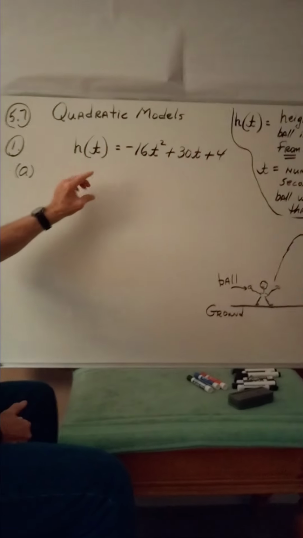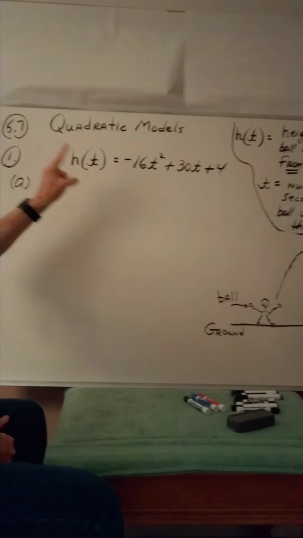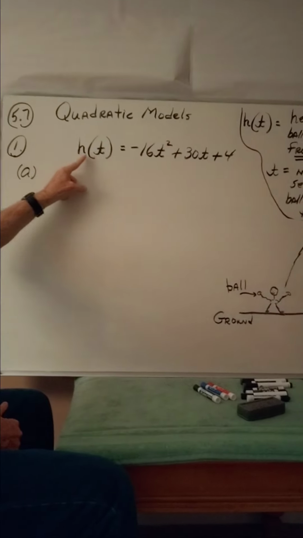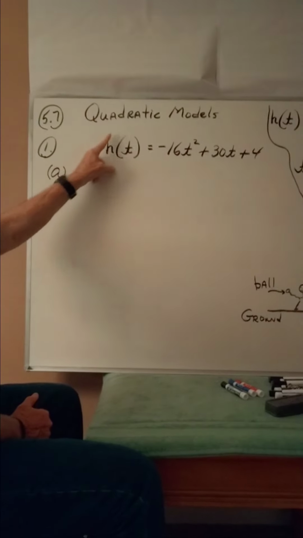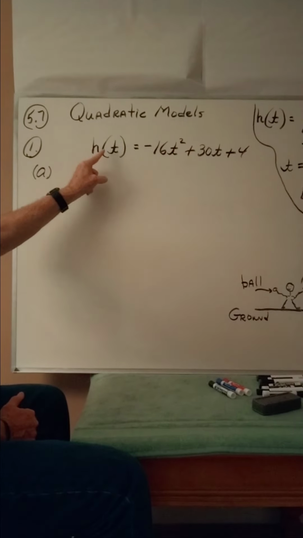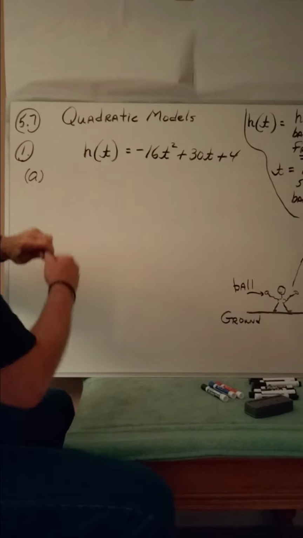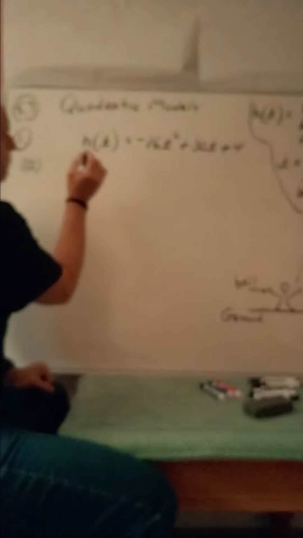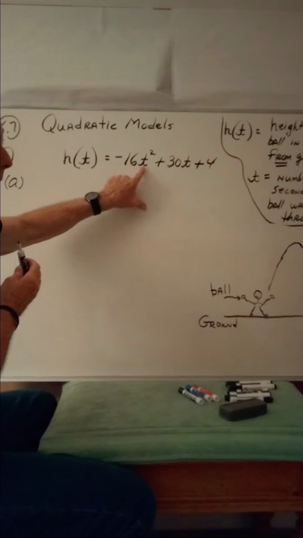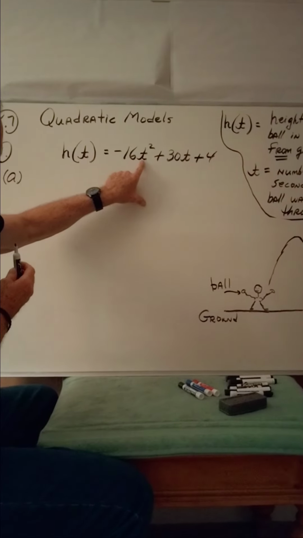Letter A said, what is the initial height of the ball? They're wanting this. This is the height of the ball from the ground. And that's what they're asking. What is the initial height of the ball? So to find the initial height of the ball, we have to identify a time.